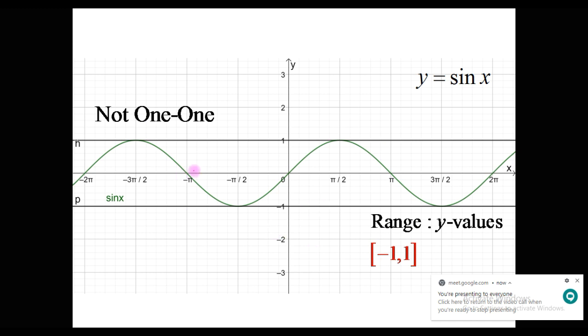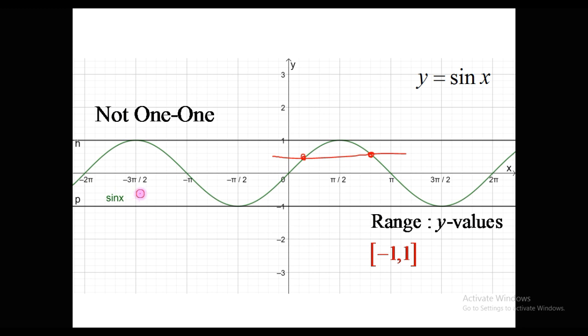Now see this. If I drop a horizontal line, how many points does it intersect the graph at? It will intersect the graph at more than 1 point. If I draw this horizontal line, it is intersecting the graph at 1 point, 2 points, 3 points and 4 points.